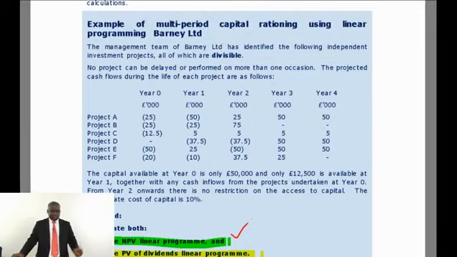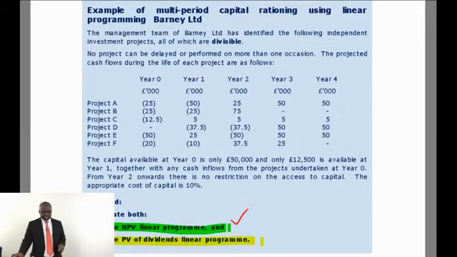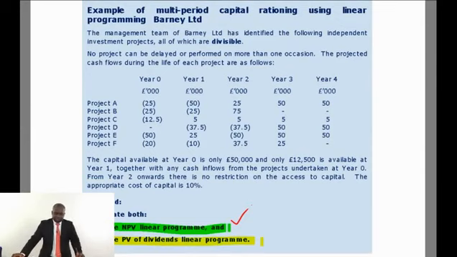Okay, so I'm quickly reading through the question for us to refresh our minds. The management team of Barney Limited has identified the following independent investment projects, all of which are divisible. No project can be delayed or performed on more than one occasion.